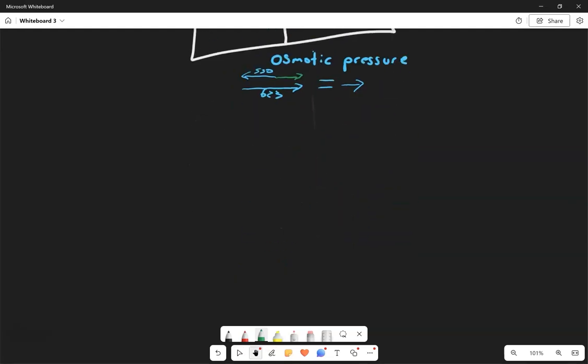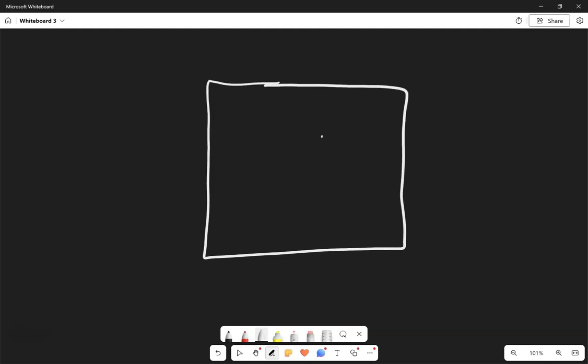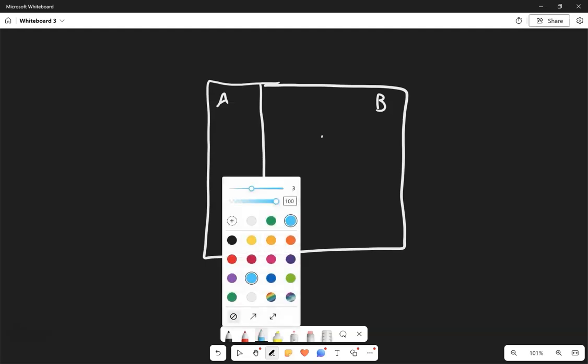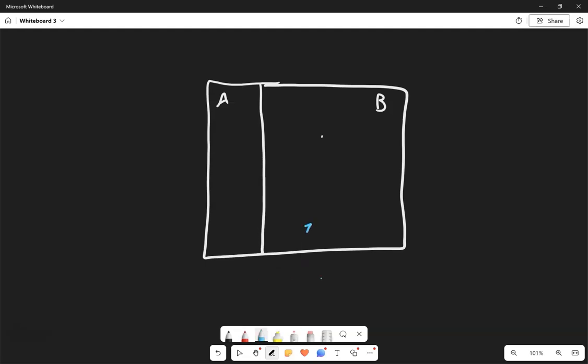Okay, but we all know that if we take a box like so, and let's compartmentalize it, and let's make it not so even, right? And I put 750 milliliters of water in here, and I put 750 milliliters of water in here.